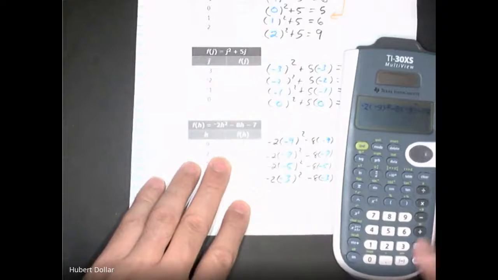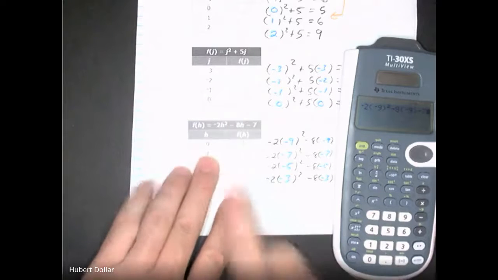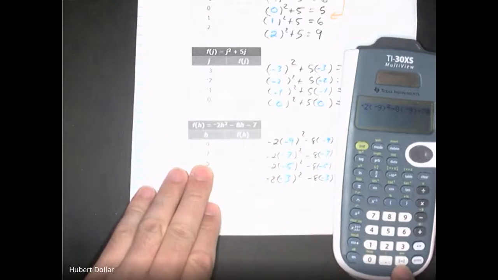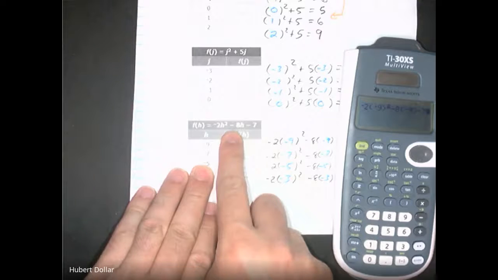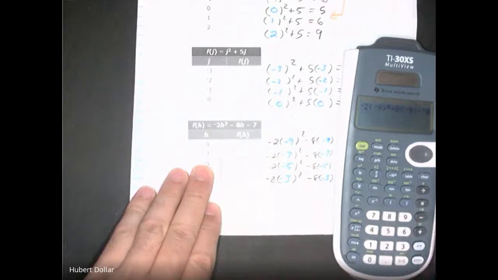This would be a good time to talk about how if the number is negative, that's negative 9, you use the negative key. This is a subtraction sign, so you use the subtraction sign. And you make sure you keep those correct in the calculator so that it does it correctly. And that is a negative 97.